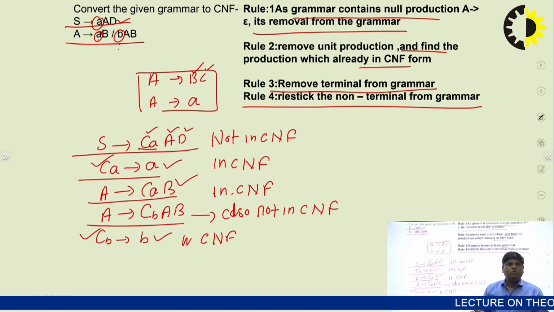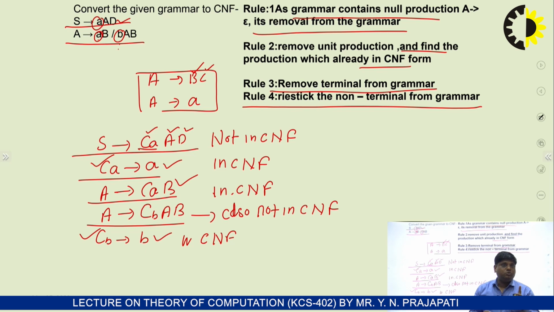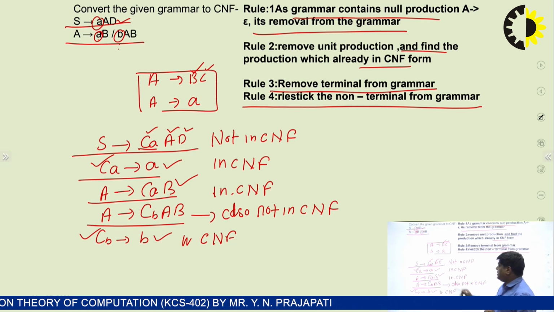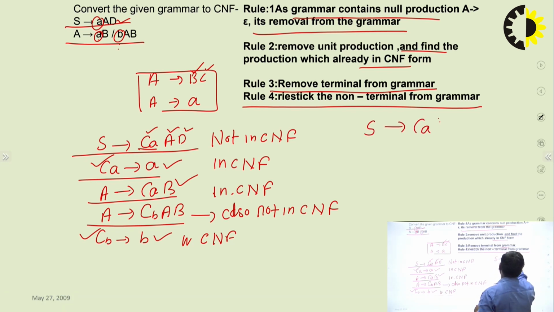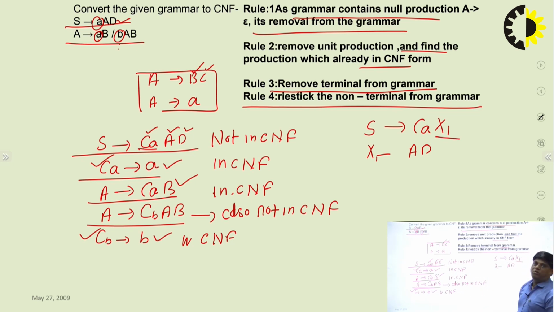If any production rule has 4, 5, 6 non-terminals on the right side, then they are restricted into 2 non-terminals. Okay, now we write this production rule. S tends to CA X1 and X1 tends to AD. These 2 non-terminals are restricted into the X1 form, and X1 is 2 non-terminals.